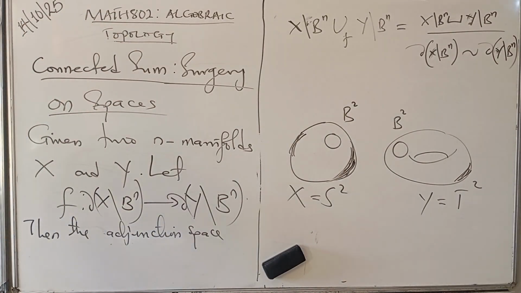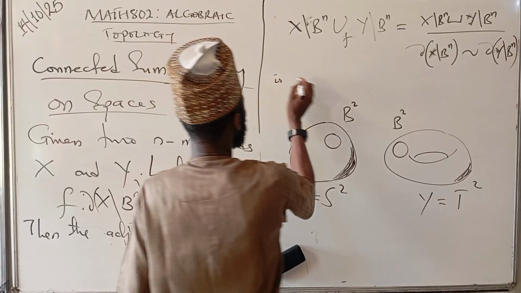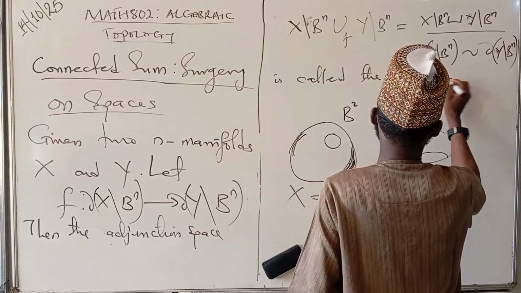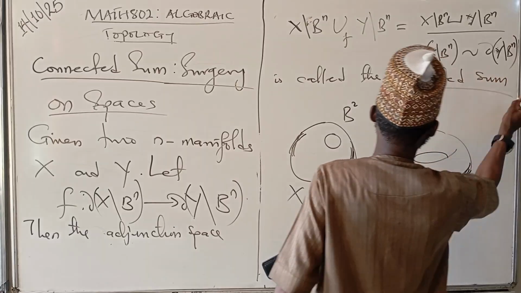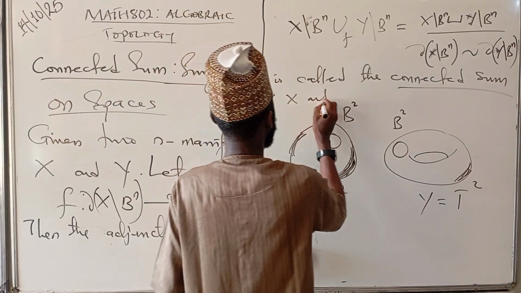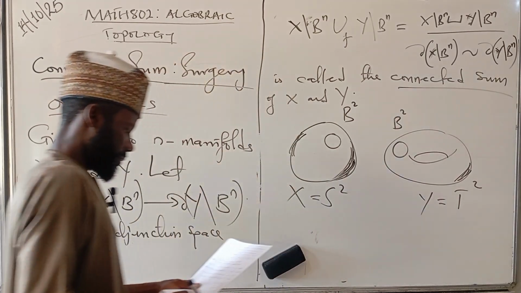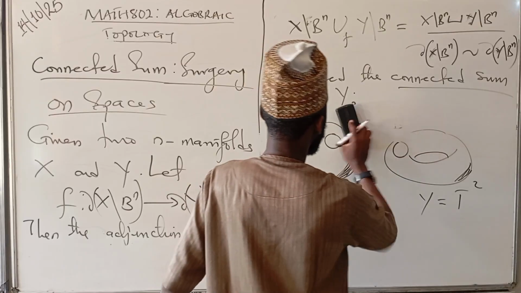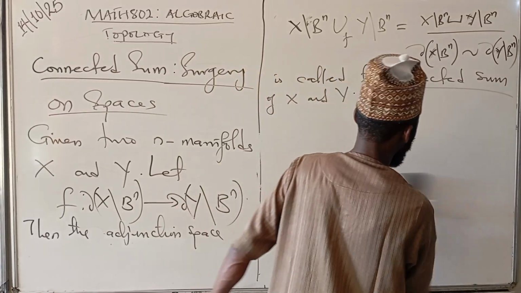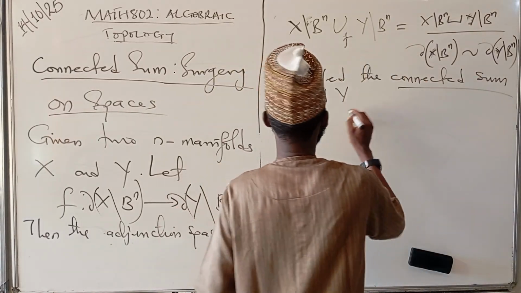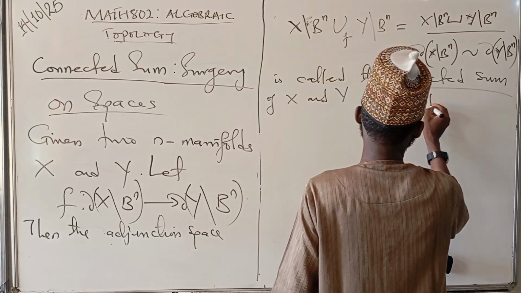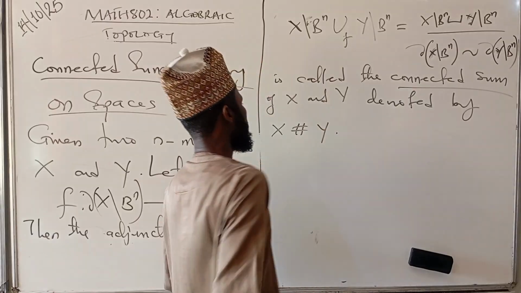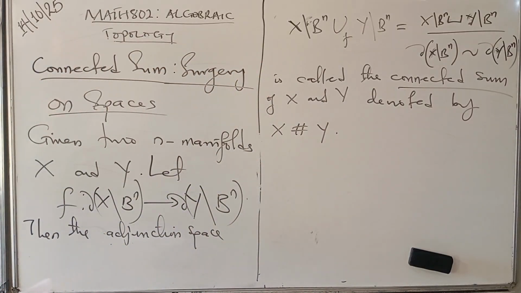This adjunction space is what we call the connected sum of Y and X, or X and Y. The connected sum of the two spaces is denoted by X # Y. So connected sum is denoted by hash.